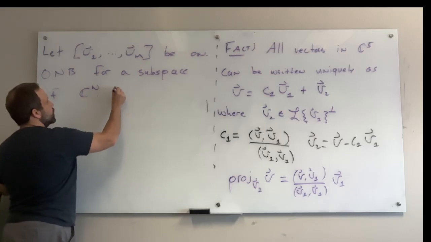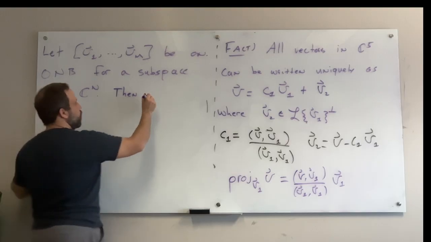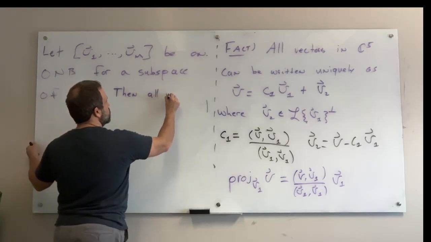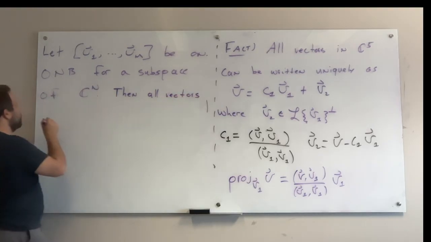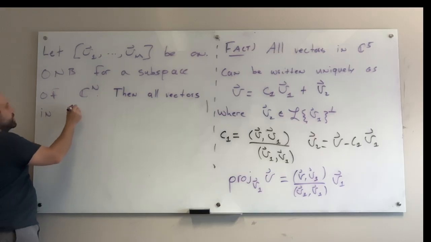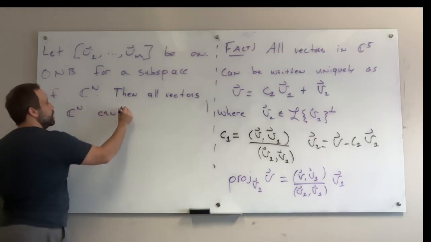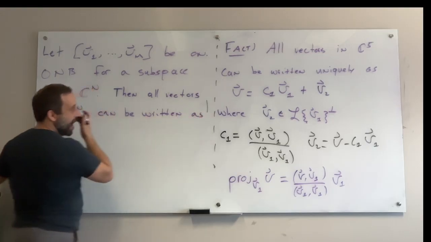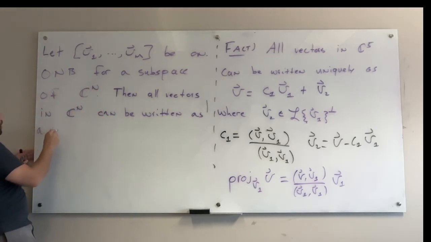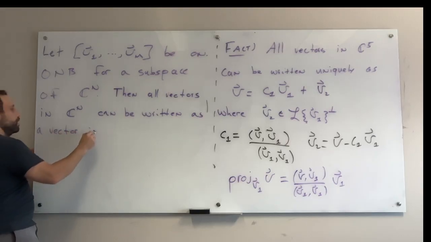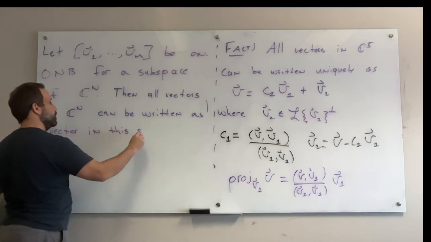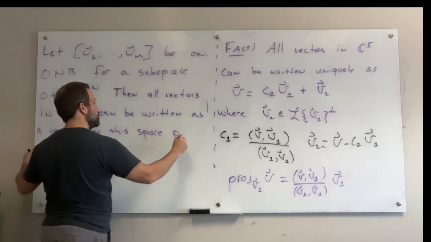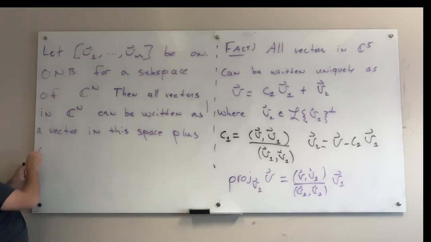Then all vectors in Cn can be written as a vector in this space plus a vector in its orthogonal complement.